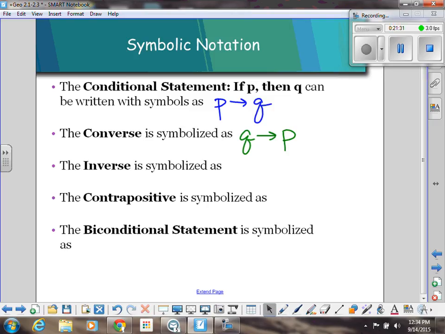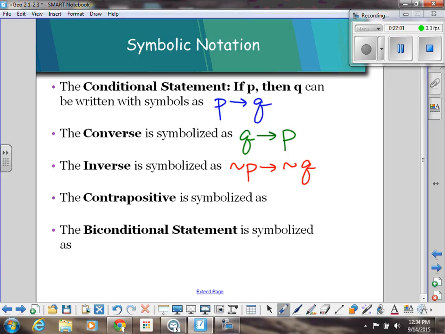And then inverse. What did we say we do on inverse? We negate. So that symbol you guys haven't seen yet. The way we show negate in these logic symbols is a little squiggle. So I'm going to negate the original conditional, using squiggle P, then an arrow, and then a squiggle Q. So I negated both the hypothesis and the conclusion.